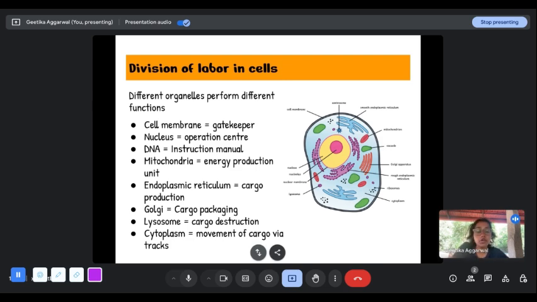So it helps in the movement of these proteins or these molecules within the cell. So cytoplasm is basically the substance that fills up the cell between the nuclear membrane and the plasma membrane.